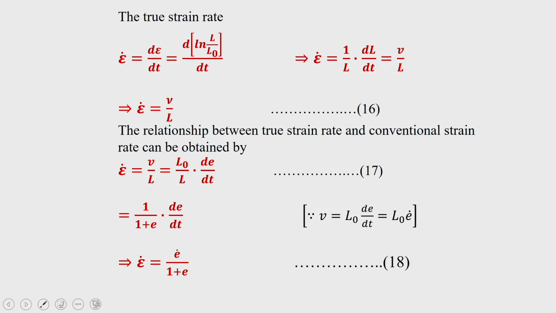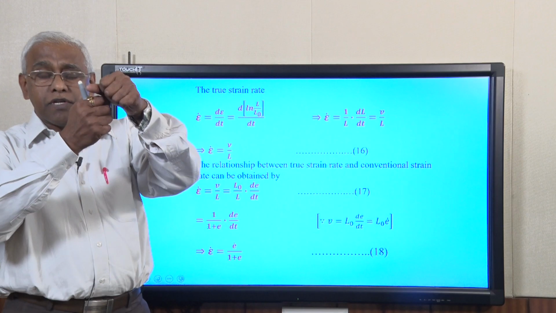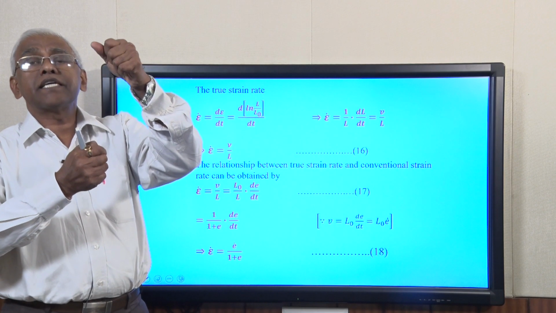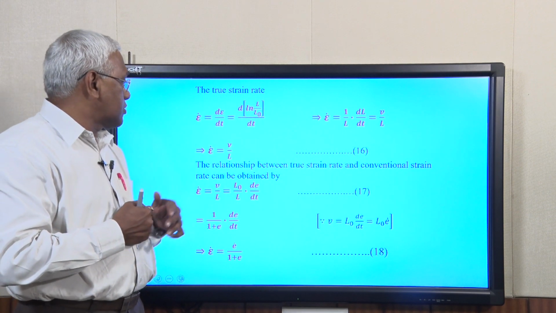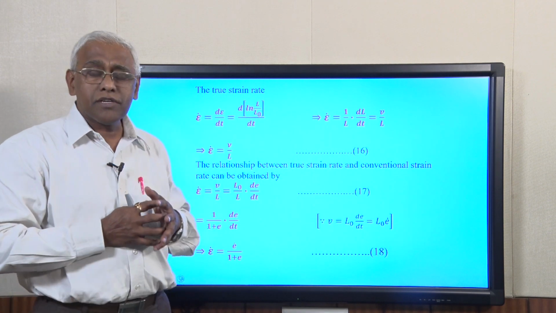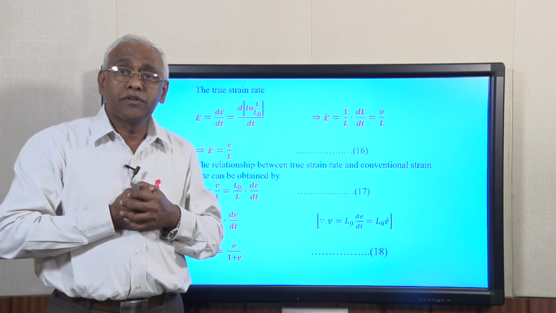So, if you compare with the previous equation, epsilon dot is equal to V by L, and E dot, your conventional strain rate, is equal to V by L naught. So, for carrying out an experiment at a constant true strain rate, if it is a tensile specimen, when the gauge length increases, the velocity of the crosshead has to change.